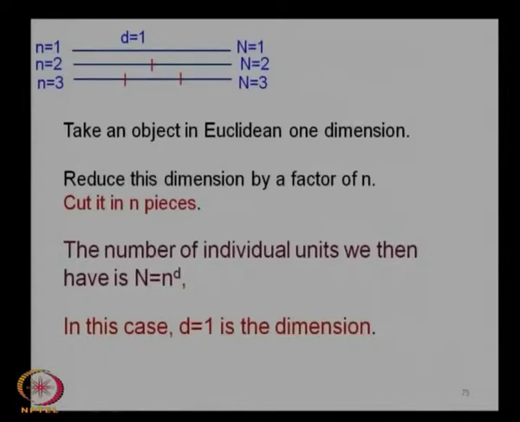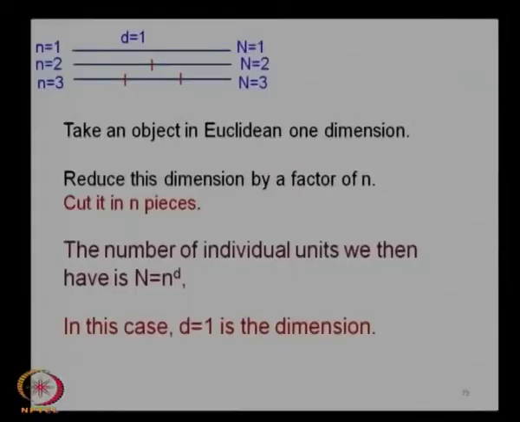Capital N is the number of individual units that you get, the uppercase N. The small n is the factor with which you are dividing the side. For a 1 dimensional object, the two are equal, because capital N is equal to small n to the power 1.